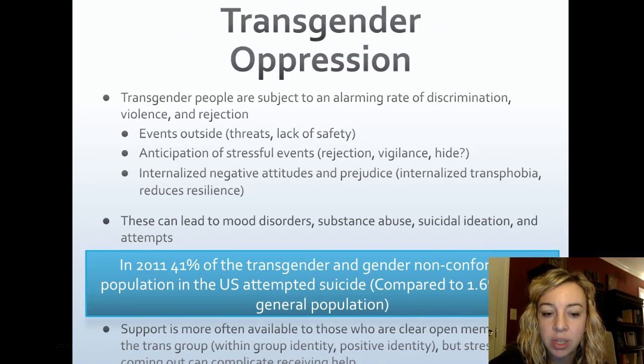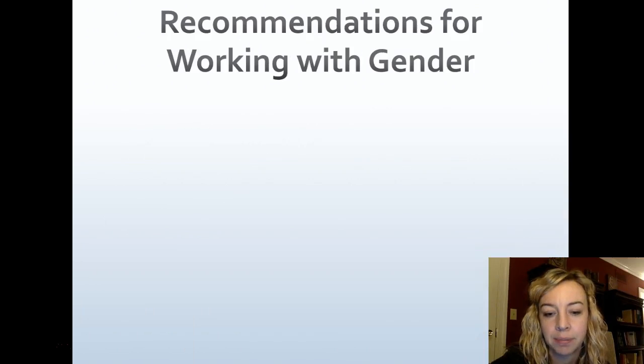Okay, so support is more often available to those who are clear, open members of trans groups. But there's so much stress with regard to coming out that this can really get in the way of folks receiving the help that might even be there. There's not a lot of help there for them, but the support that is there, they might not be able to access. Okay, so recommendations for working with gender.